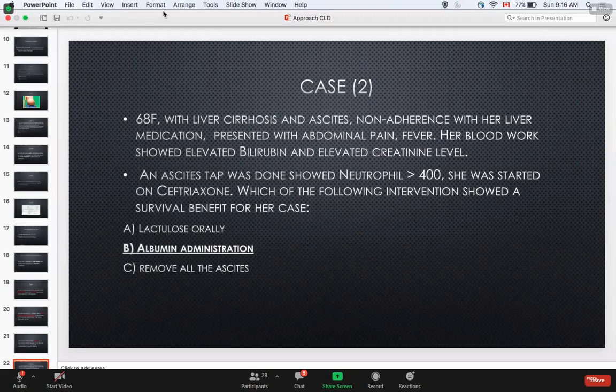And someone is asking, is it to bind the protein in particular? Well, albumin is a protein itself. So I would say perhaps it's through improving the circulation. Good question.